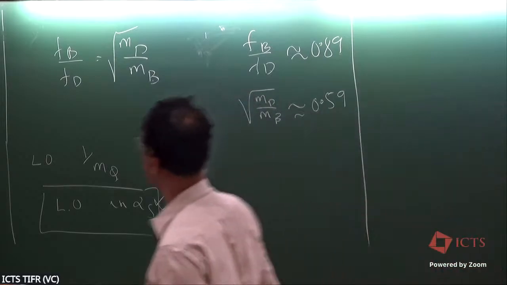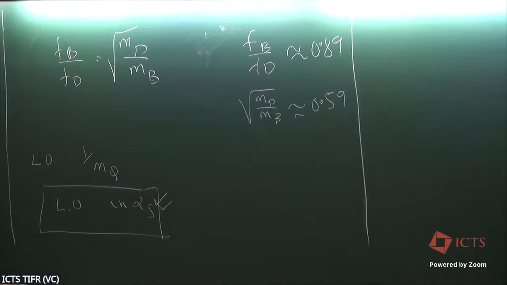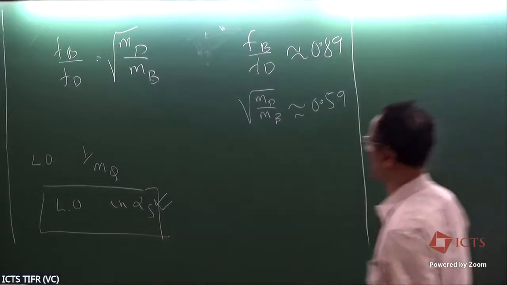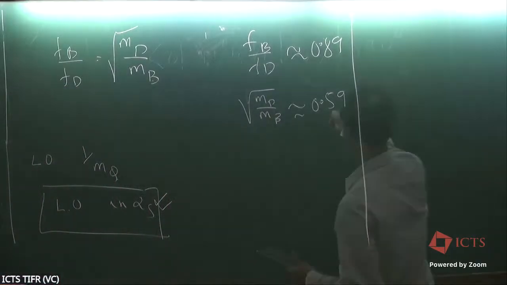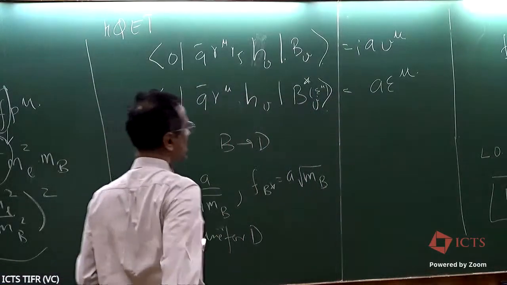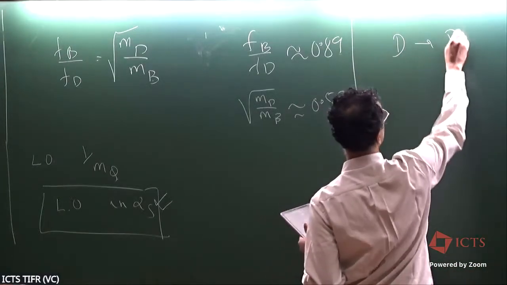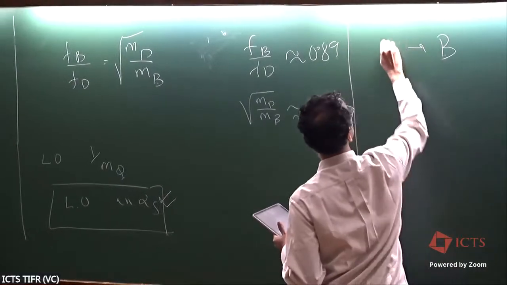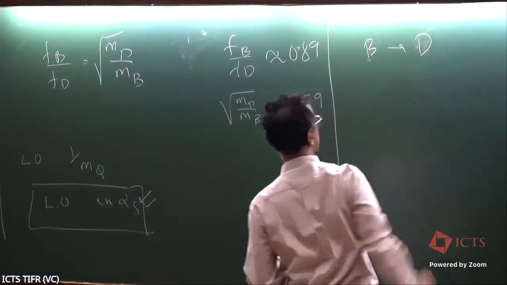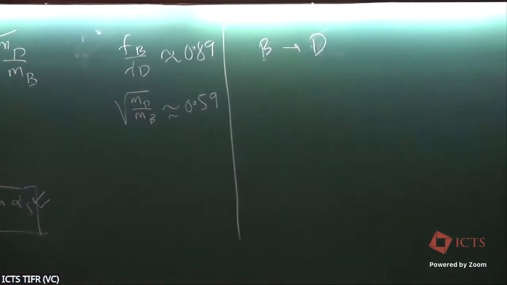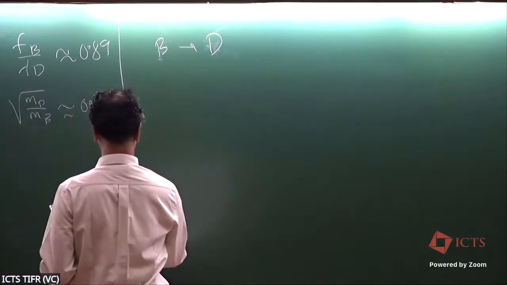Okay. Before going there, let me just complete this story by introducing another set of currents that turns out to be useful. These are currents associated with heavy-light currents, but you can have decays which are D to B, sorry, B to D. So a similar story happens there.